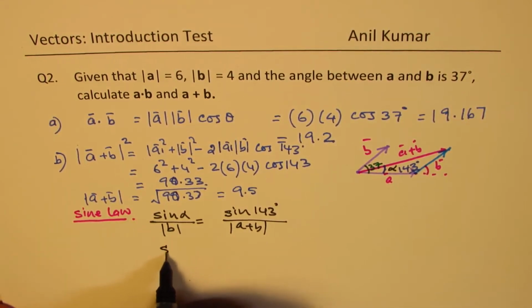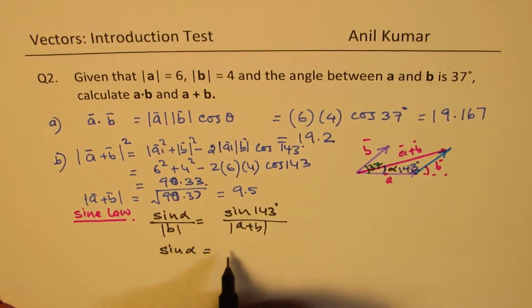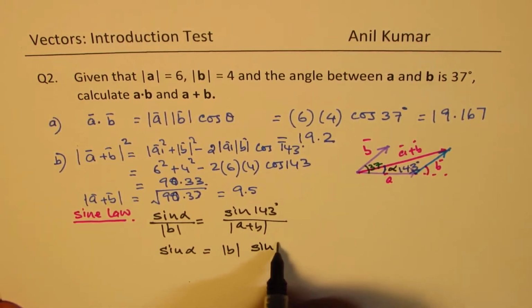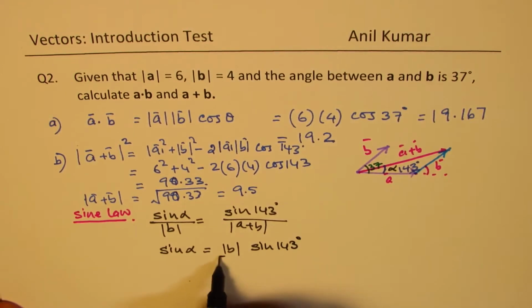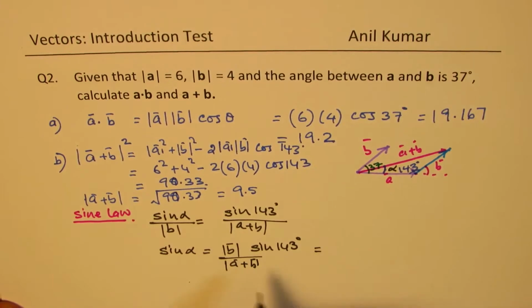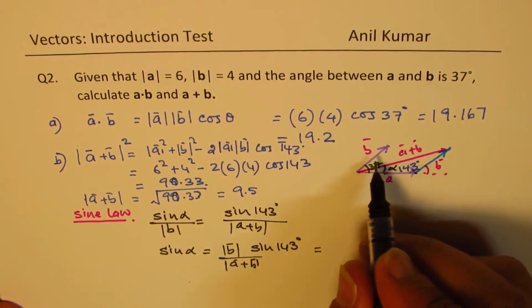So let's do it. We get sine alpha equals the magnitude of B times sine of 143 degrees divided by the magnitude of A plus B. Clear?